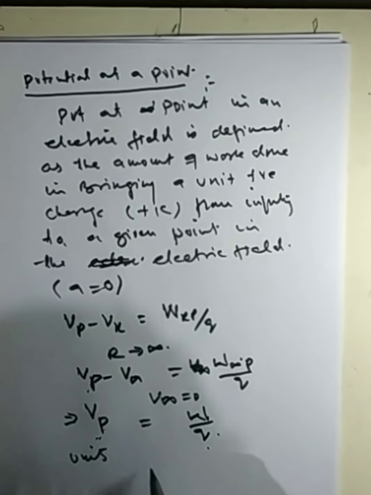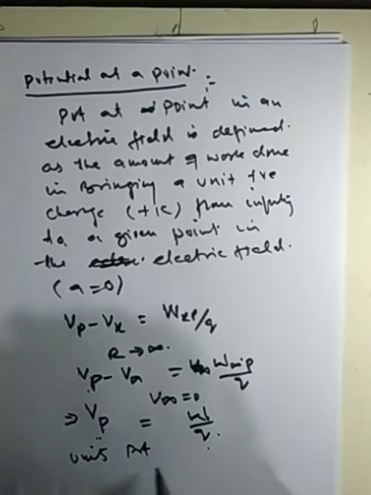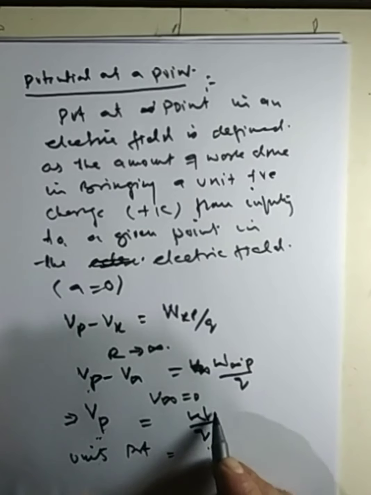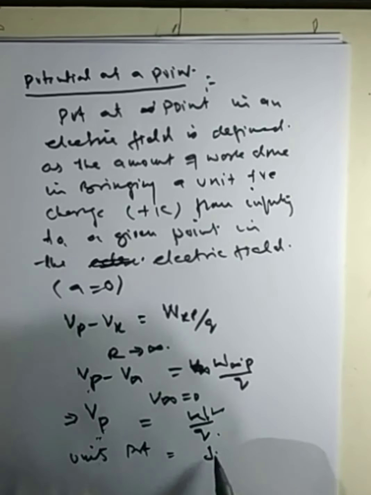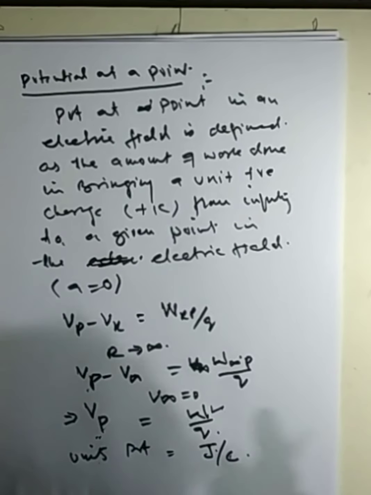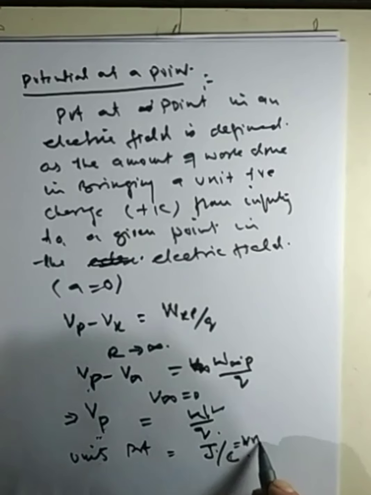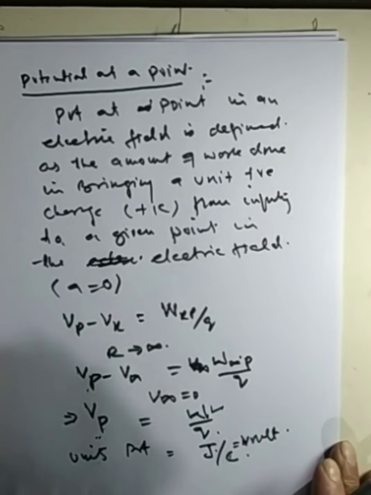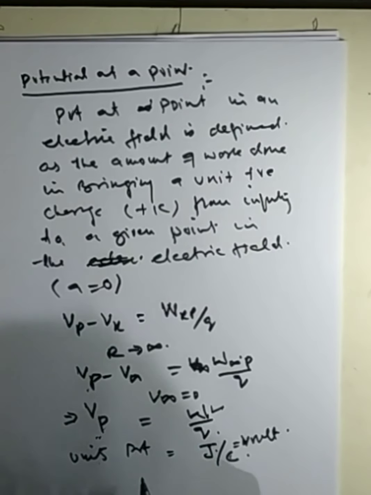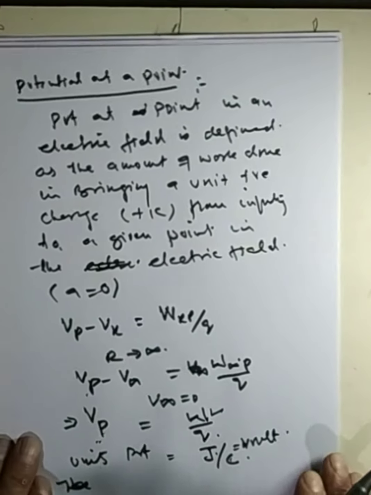Now units. Unit of potential or potential difference is this work का है तो है joule per coulomb. Now joule per coulomb is called volt. Let us define 1 volt now.